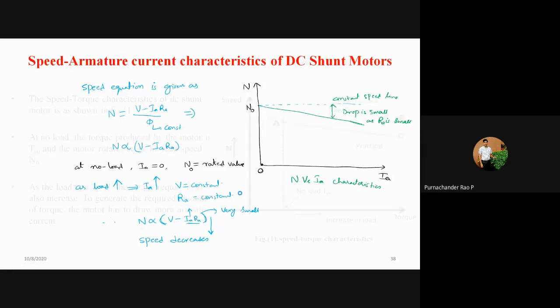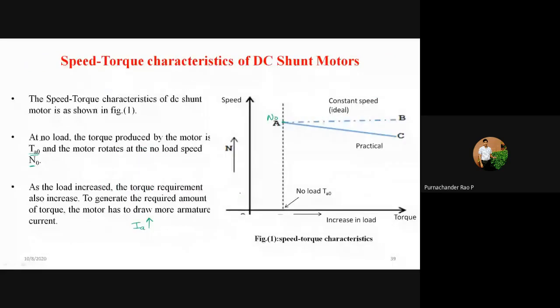Next, the torque and speed characteristics. The speed torque characteristics of a shunt motor is given by this relation again. This is at a no load value, and the speed is also constant. As the load on the motor increases, that means your torque is increasing, and because of this, your speed gets reduced.